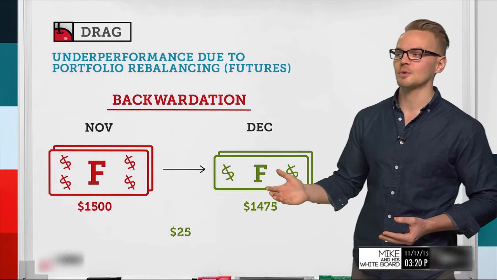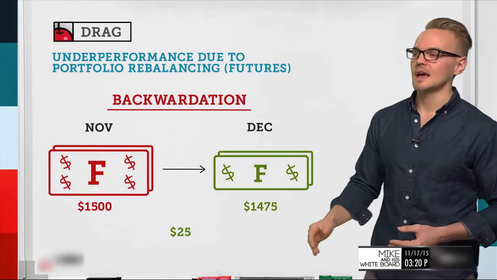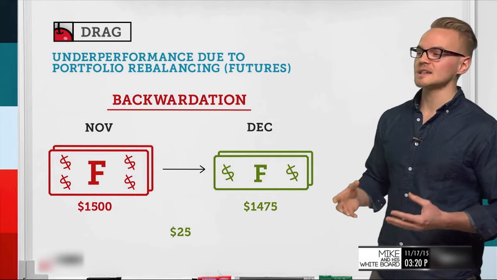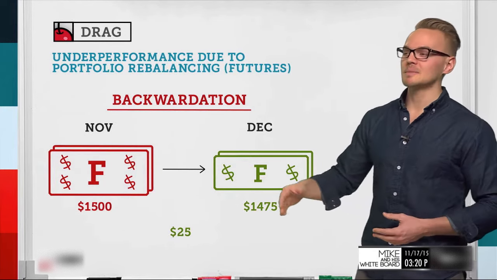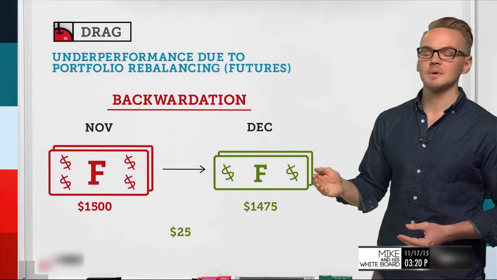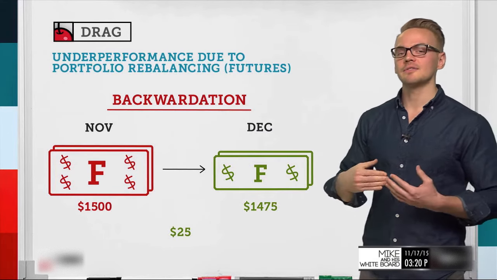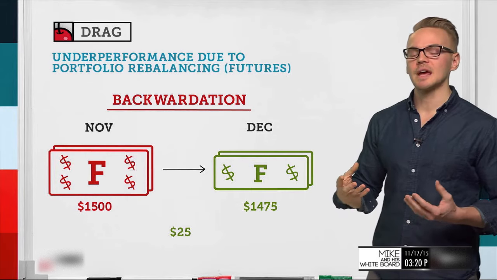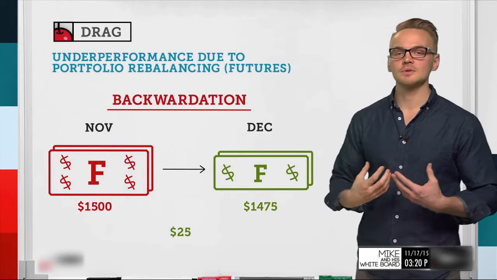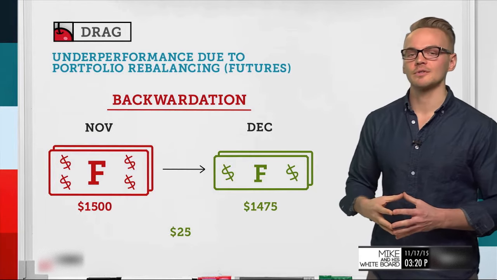So we've got $147,500 here, and we sold it for $150,000 over here. So because I have that surplus, I might be able to sell these contracts here and buy a little bit more in December. So now if the underlying actually does go up, I'm going to have more of an effect when I roll it into December because I'm going to be able to have more contracts in that portfolio.